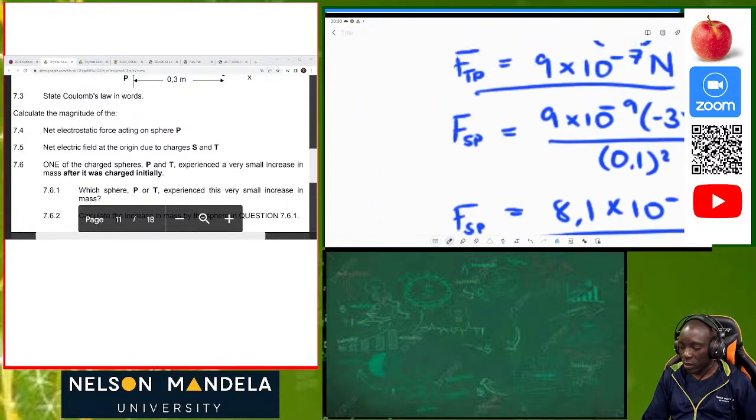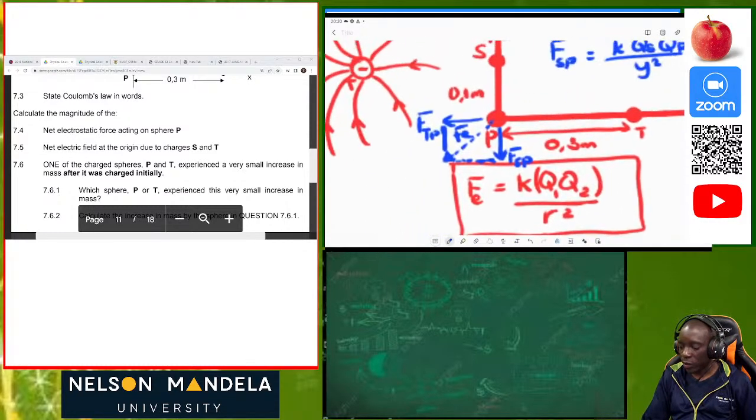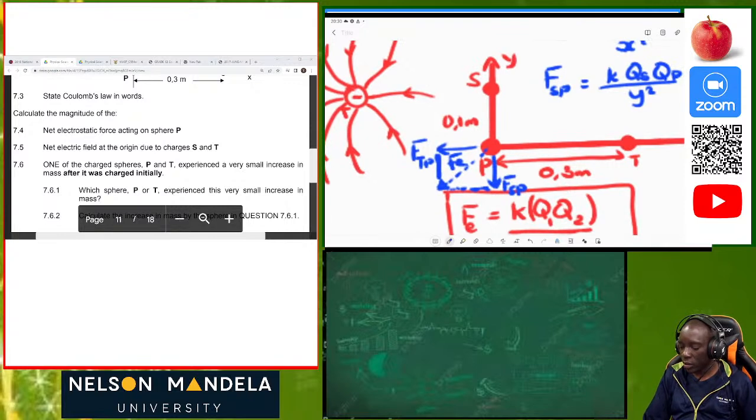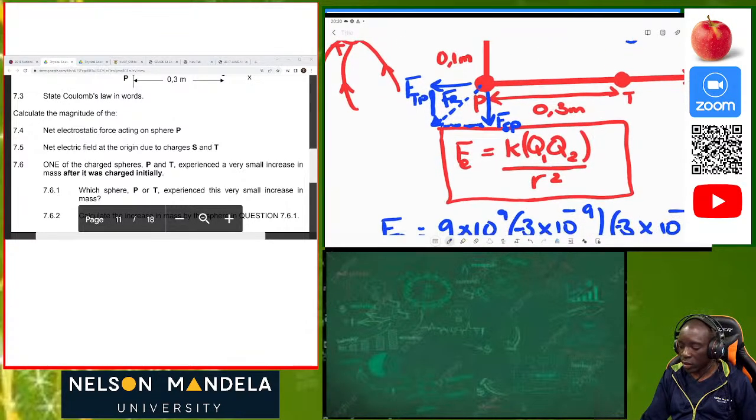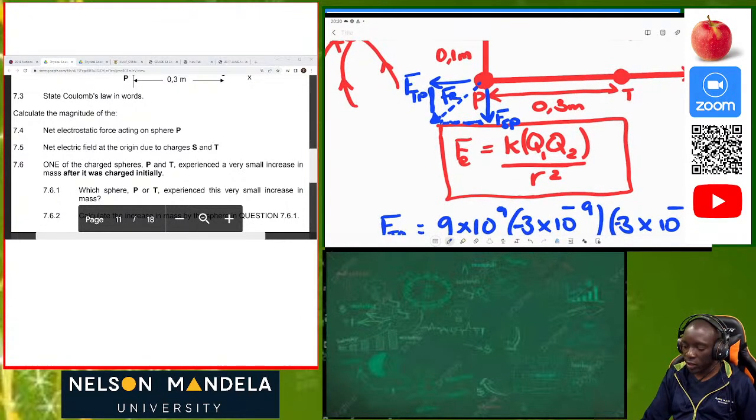So it's important, you're given a diagram, the arrangement of the charges in this case, you should be able to know in which direction the forces between the charges act. In this case, the forces acting on P. And those forces will tell you how to get the resultant by simply looking at the way in which the forces are oriented.